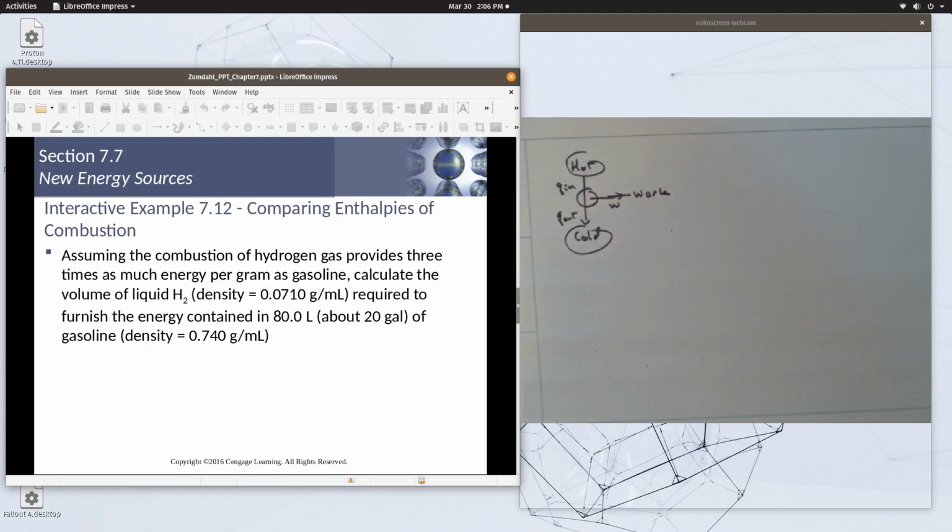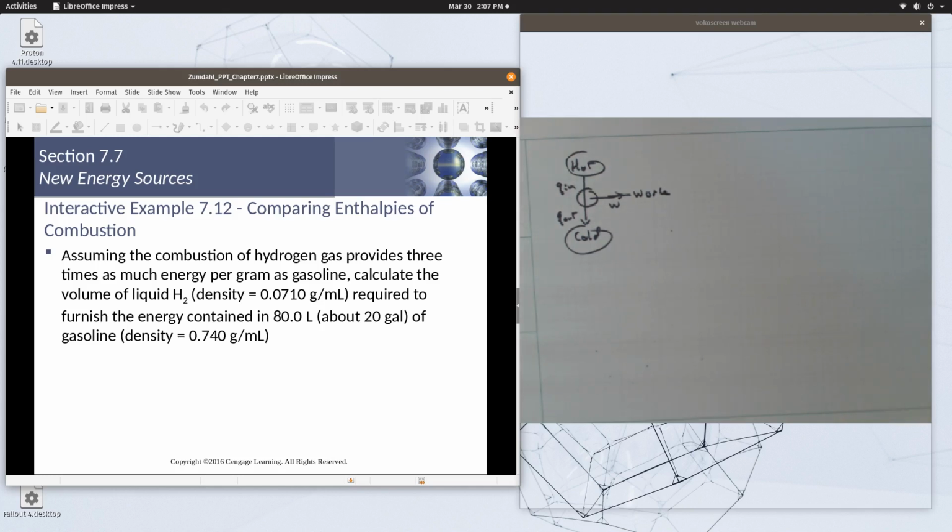But let's go back to enthalpy of combustion and compare hydrogen gas to gasoline. So if I look at the combustion of hydrogen gas, it's 3 times as much energy per gram as gasoline. Okay, is that okay?